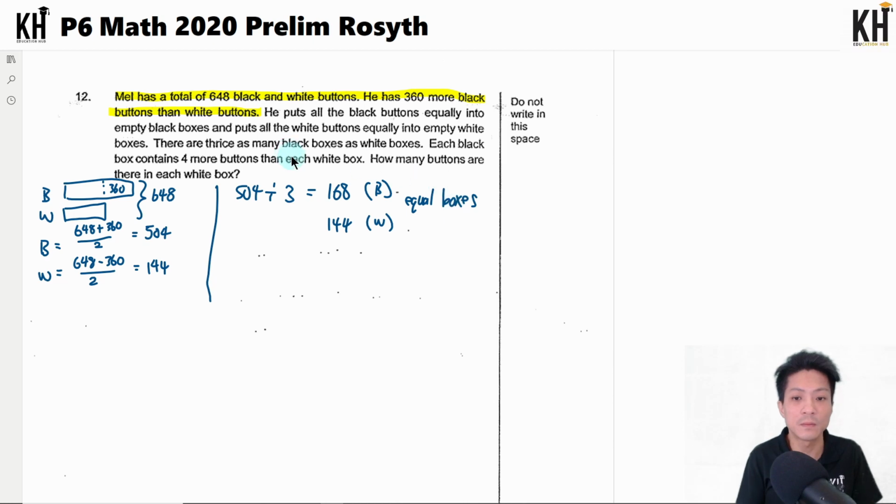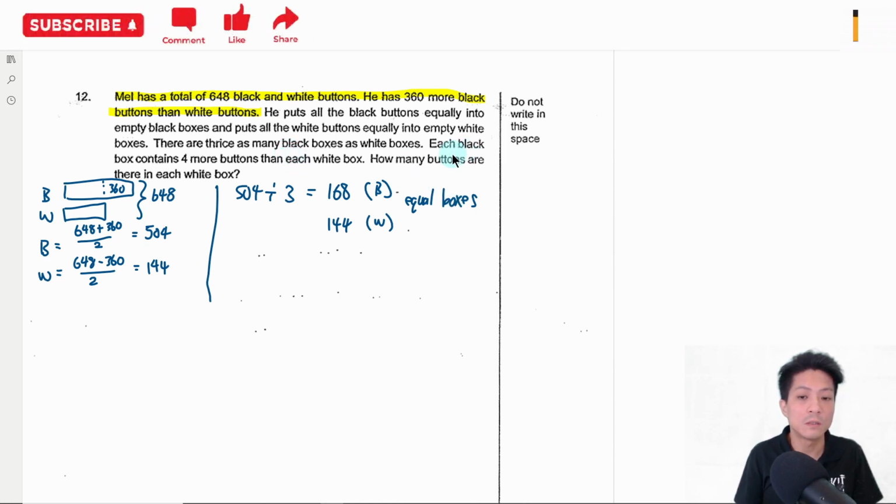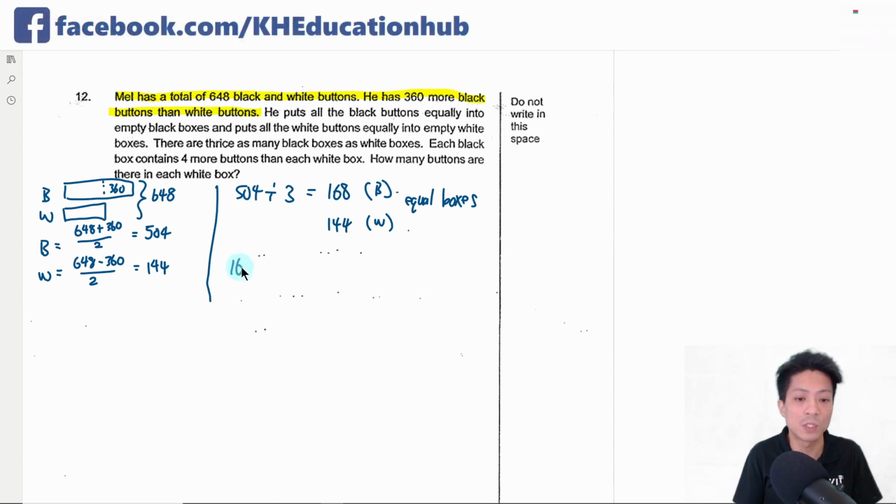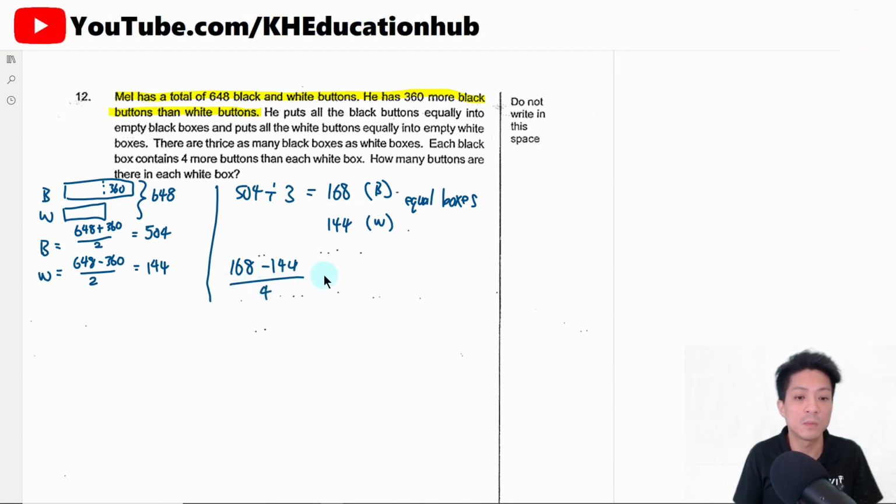Each black box contains 4 more buttons than each white box. So now I can use the grouping method, which is to use 168 minus 144, the difference, divided by the difference in each box.